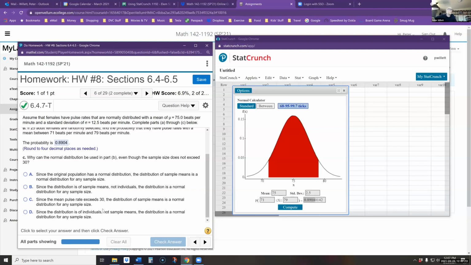All right, now I've got to pick one of these. Since the distribution of individuals, no, it's not, it's of a group. Since the mean pulse rates exceed 30, no, they don't. Since the distribution is of sample means, not individuals, the distribution is normal, no, that's not why. Since the original population was normal, then the means is normal. That's part. So I read them from last to first. Turns out the first one was the right answer.